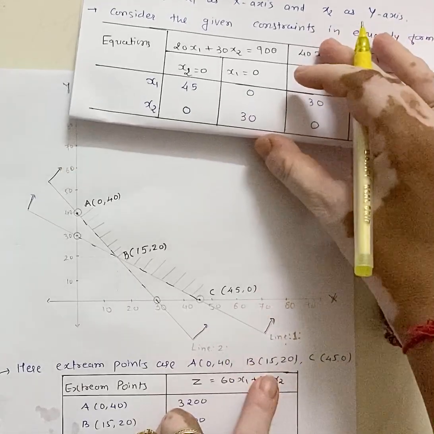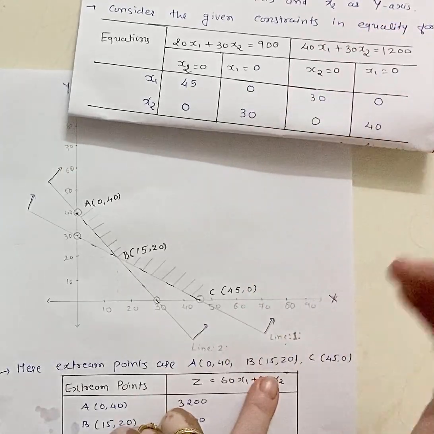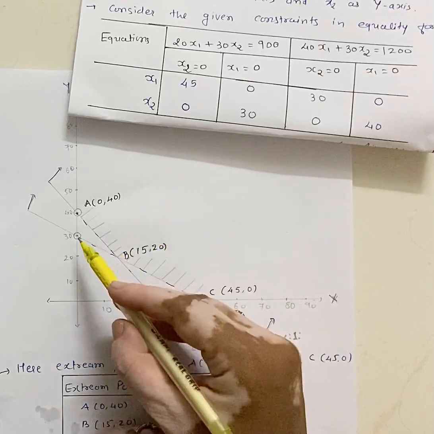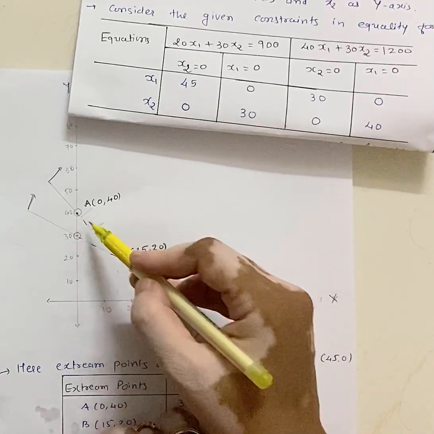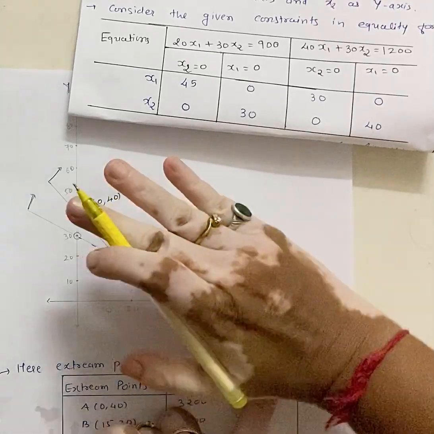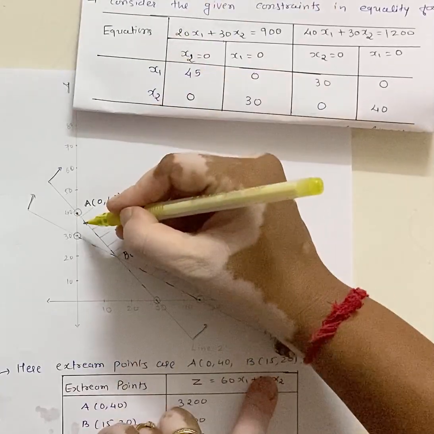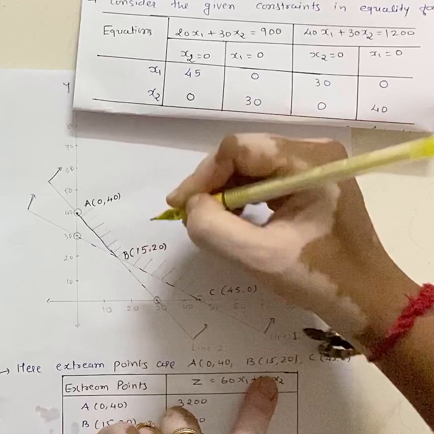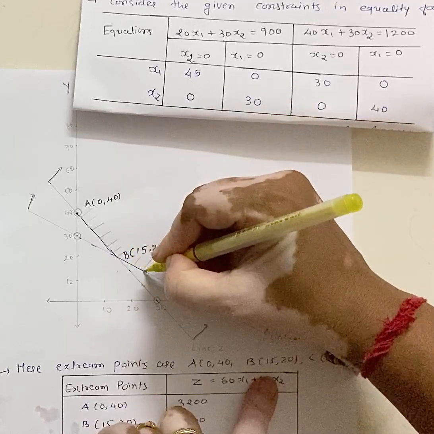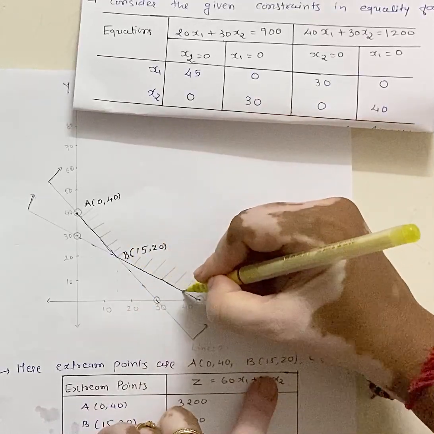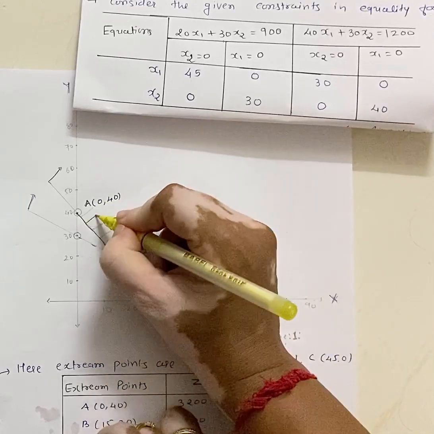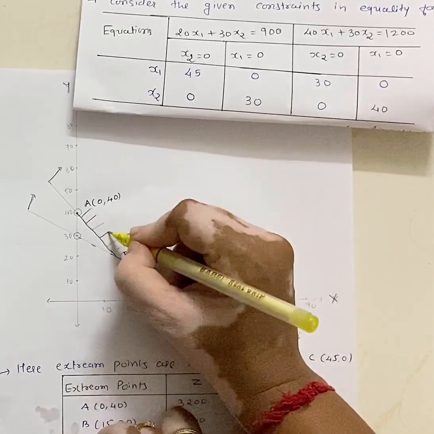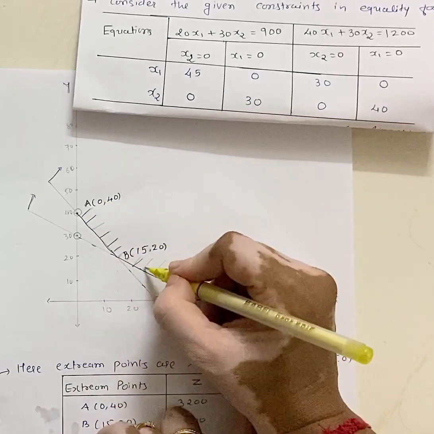Now we have to find the common region from both lines. So here this line and here this line, the common region is this. This is our boundary line, and this whole area is our region.